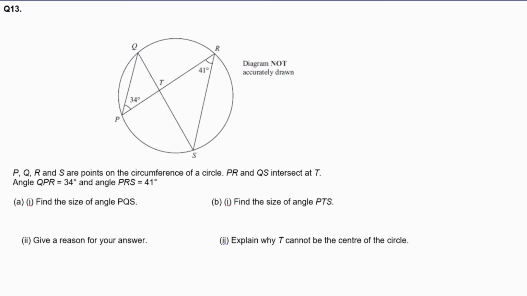So in number 13, we are given this circle, and the first question is to find the size of PQS. PQS is this angle here, and obviously we know that angles extending to the circumference from the same arc are equal.